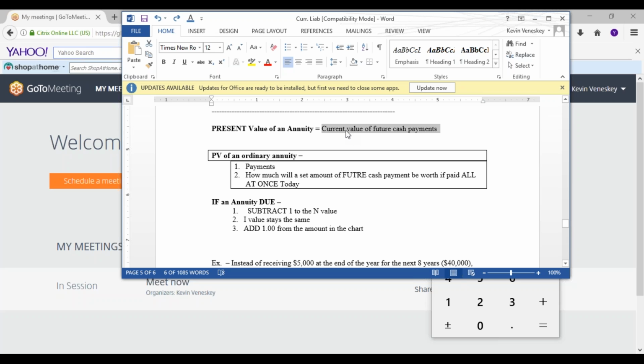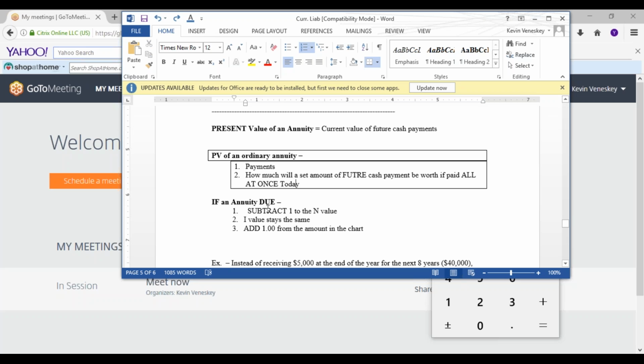If I win the lottery and they say they're going to pay me $1 million every year for the next 20 years, so that's 20 million, how much could I get right now today instead of $1 million every year for 20 years? That would be considered the present value of an annuity. I'm getting payments, and I want to know what those $20 million in payments over 20 years would be if I got paid right now.